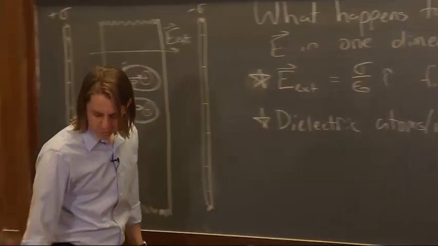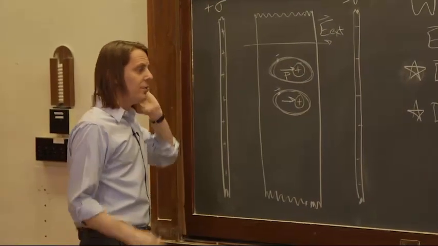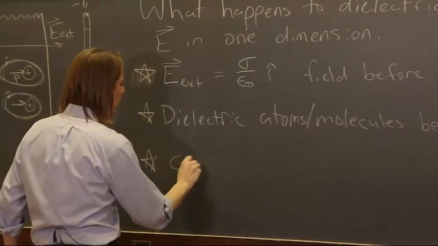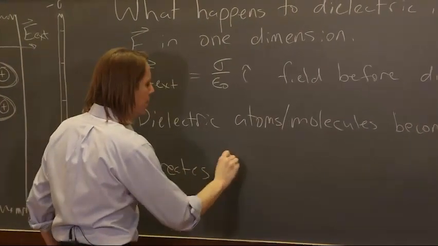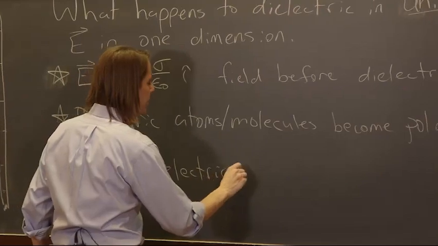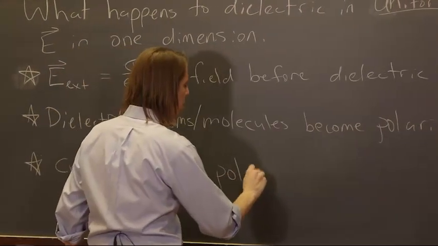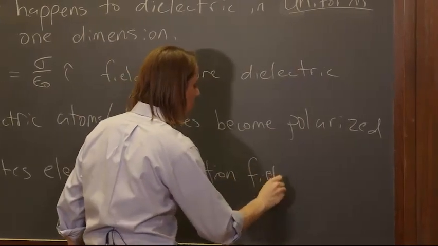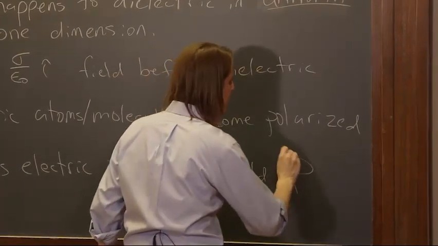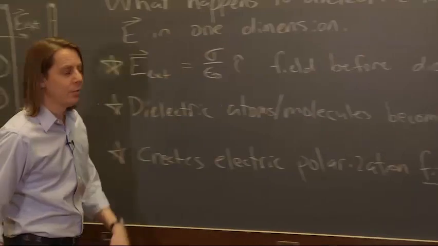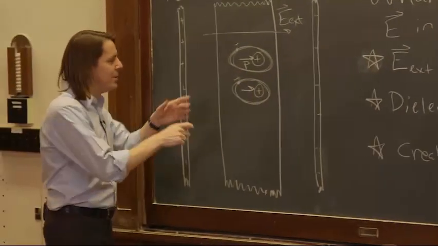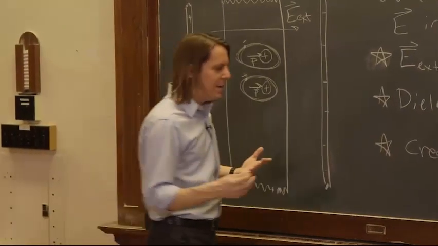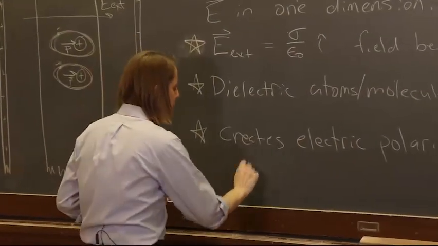And it creates a new field. So it creates an electric polarization field, big P. Each little atom or molecule gets a little p. All these little p's add up, and you call it big P, where big P is the dipole moment per unit volume.